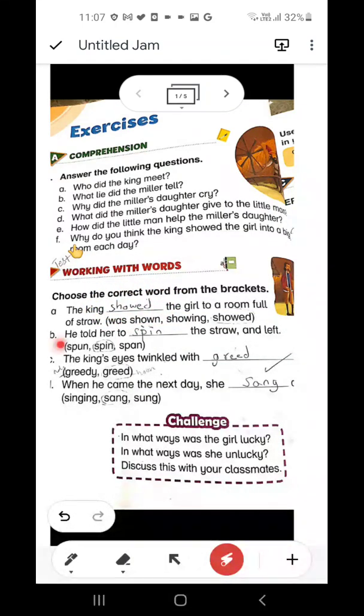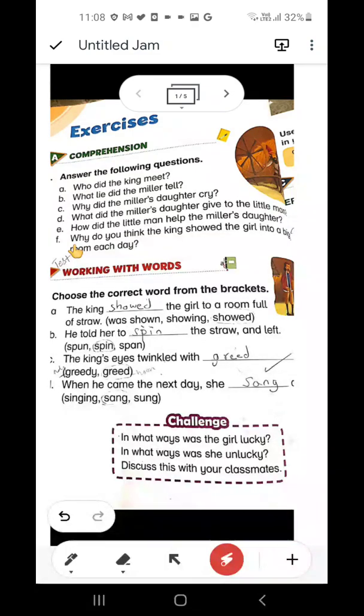B is, he told her to dash the straw and left. Students, this sentence is also telling us about past, but we will use here the first form of verb, spin. They have given us options spun, spin, and span. Why are we going to use here the first form of verb, spin? Why not the second form?